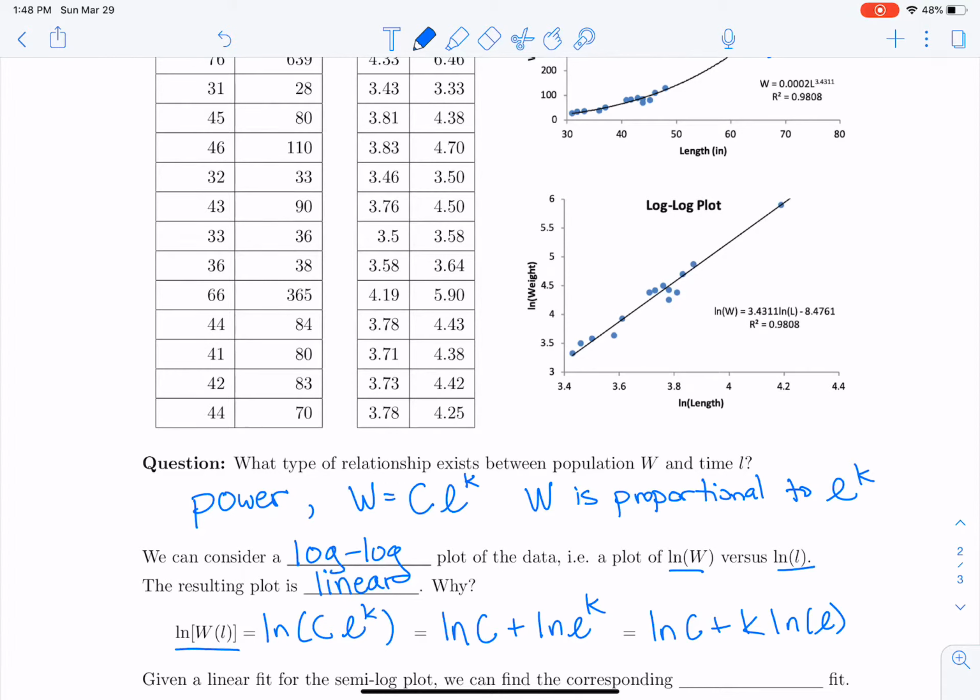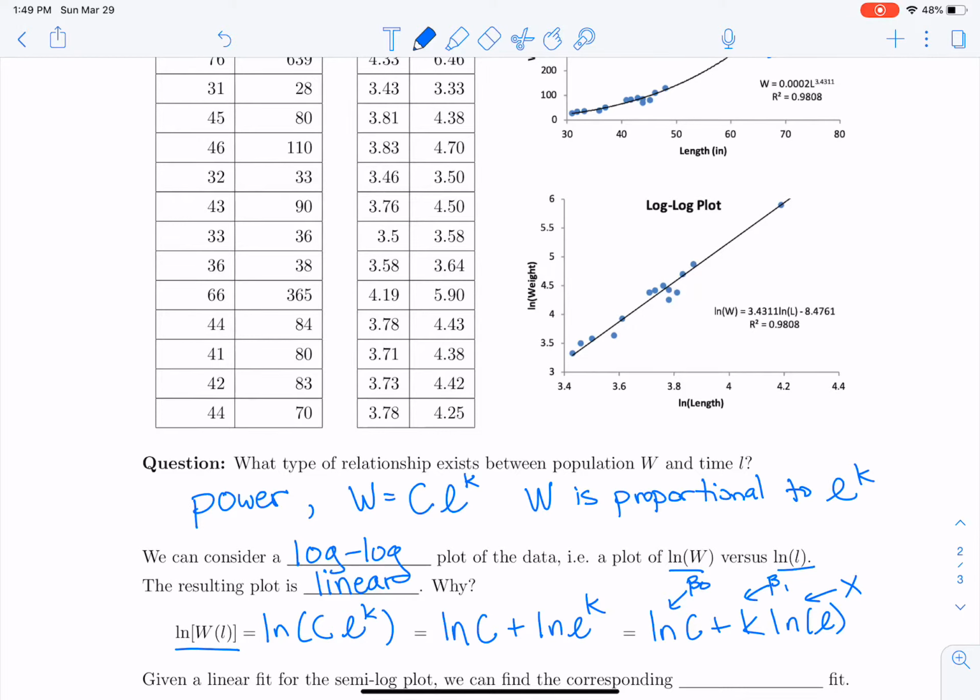So natural log of W is equal to a constant, maybe we'll call natural log of C beta 0, plus another constant, we'll call that K, maybe we'll call that beta sub 1.